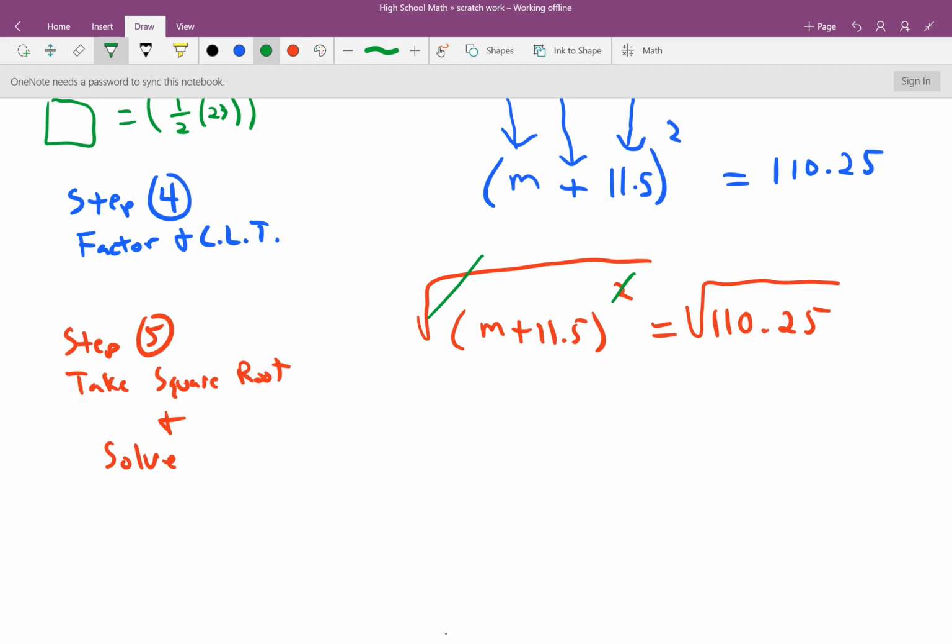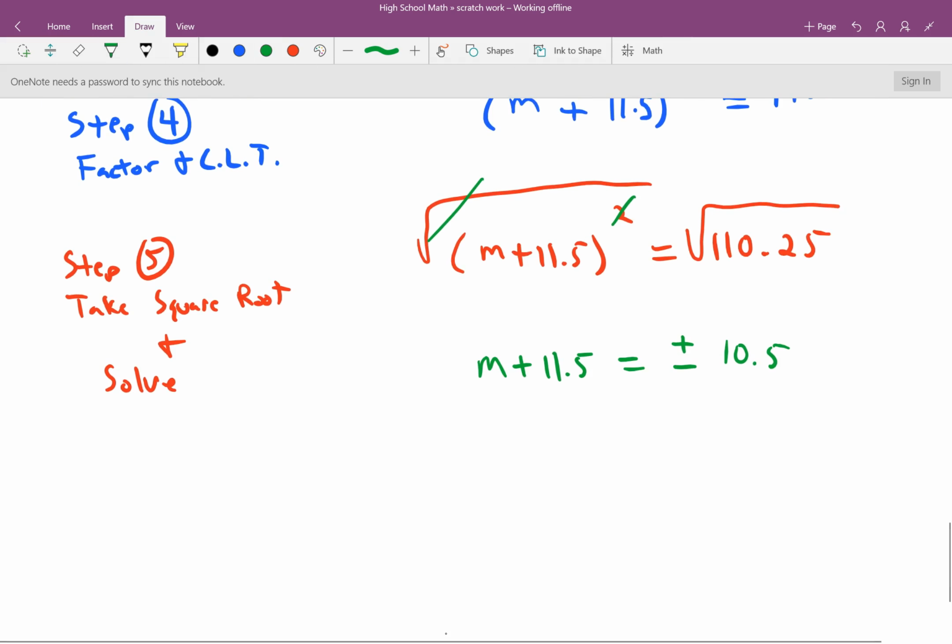And it leaves us on the right hand side with, I don't even need the parentheses anymore, m plus 11.5. Over here we take the square root of 110.25 and it's going to be positive and negative of that. What is the square root of 110 1/4? 10.5.